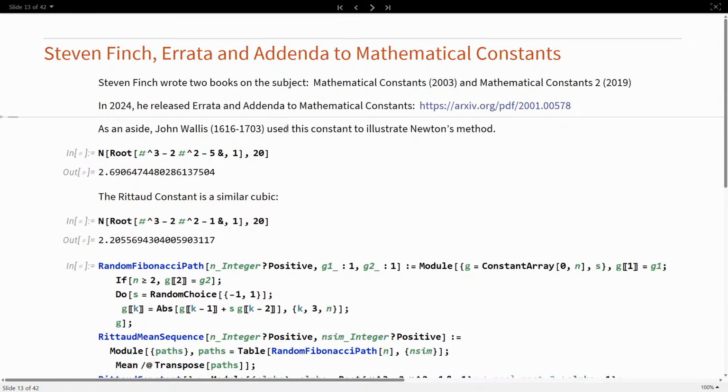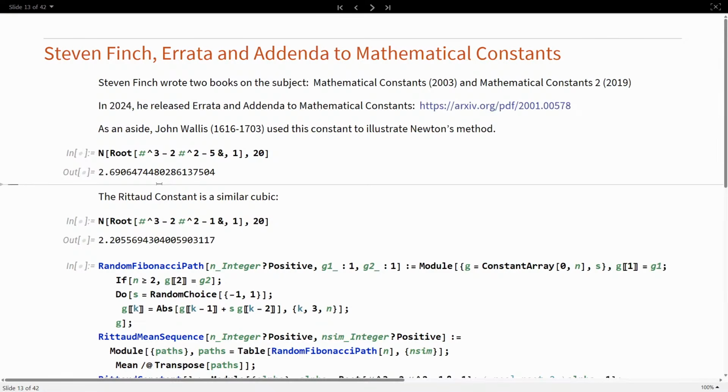One quick aside is back in the 1600s, John Wallis used Newton's method to solve this particular cubic: x to the third equals 2x squared plus 5. And with Newton's method, he was able to find this root to some number of places.